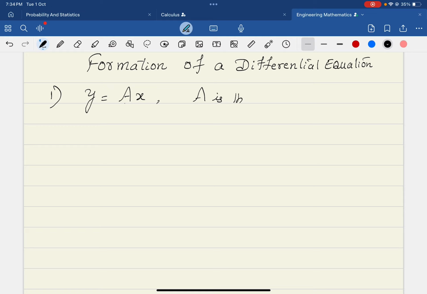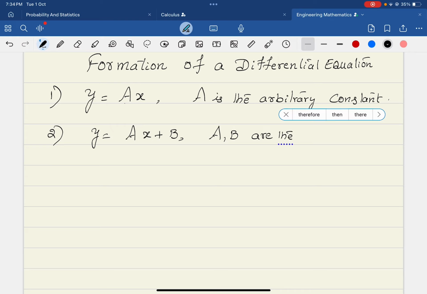Another equation like this: y is equal to ax plus b. Here a, b are the arbitrary constants. So how do we frame a differential equation for this particular solution?